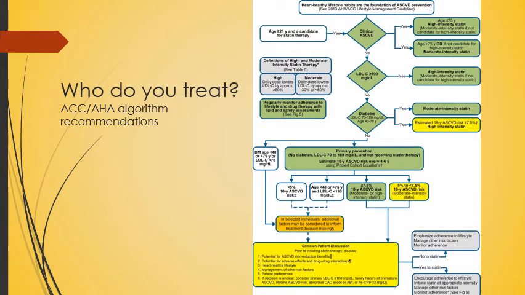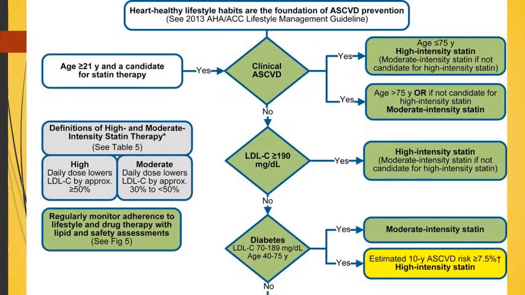This is the ACC-AHA algorithm of what we just talked about. This is going to help you identify patients that fit into one of those 4 categories. So you see, as we focus in here, the first thing you start with is patients that are 21 or older, and they're a candidate for statin therapy.